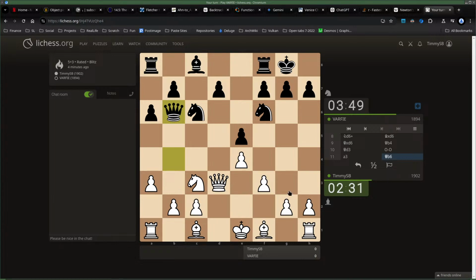Maybe it's worth it to sacrifice that pawn. I really don't like it that I block my bishop. Damn it. Okay. Let's develop this thing here.